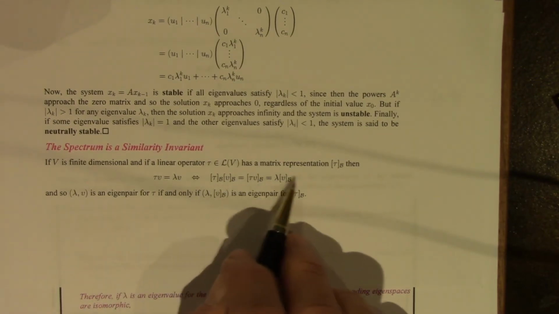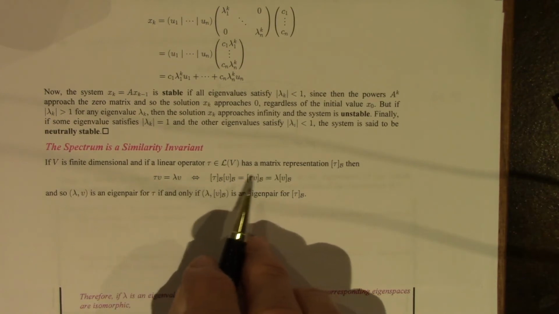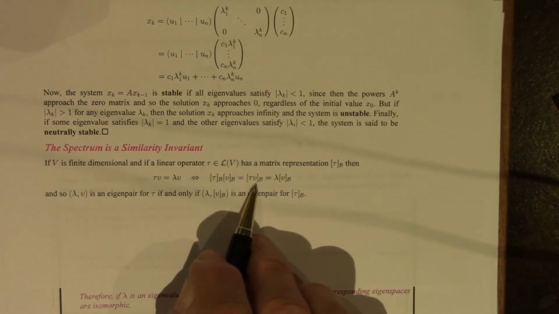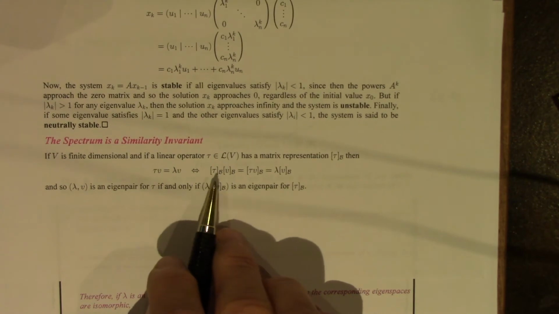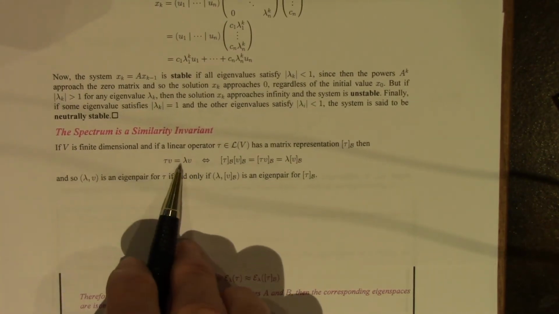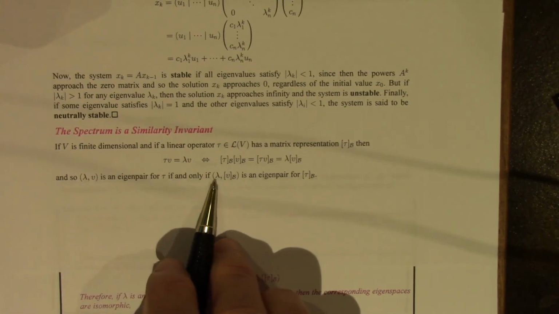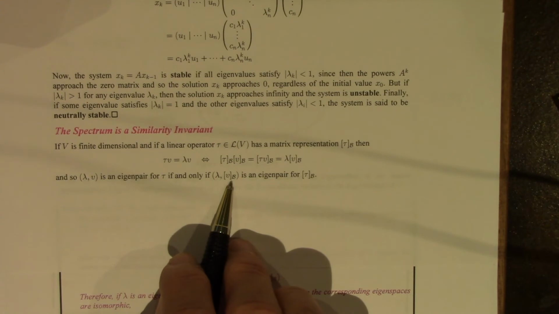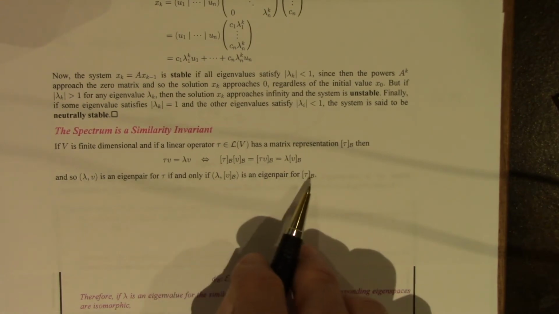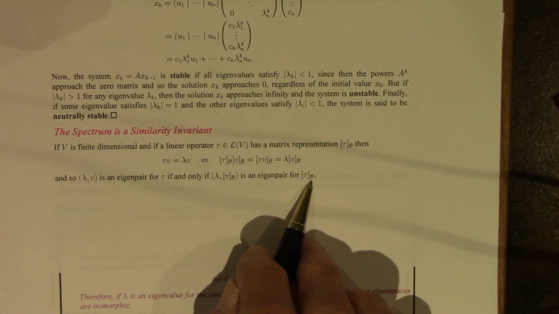It tells us that this eigenvalue equation holds if and only if this eigenvalue equation holds. And so lambda, v is an eigenpair for tau if and only if lambda and the b coordinate matrix of v is an eigenpair for the matrix representation of tau with respect to b.